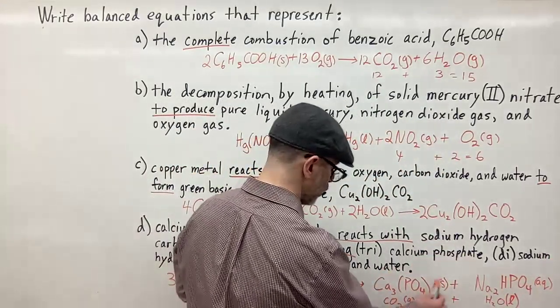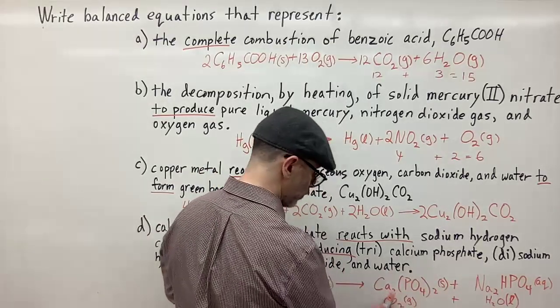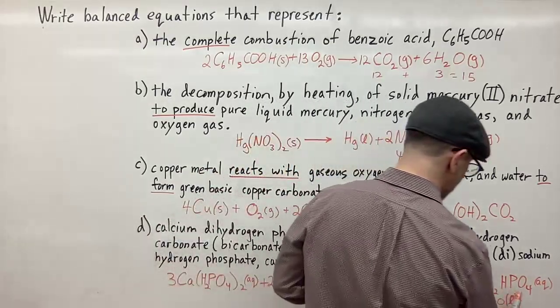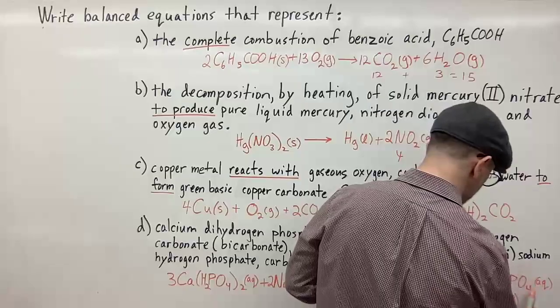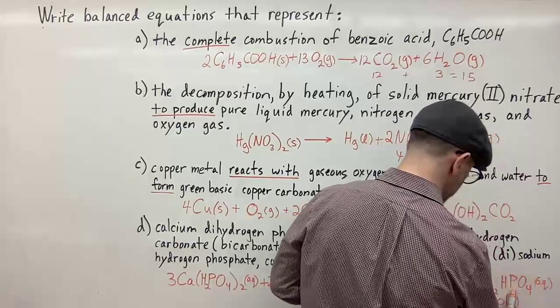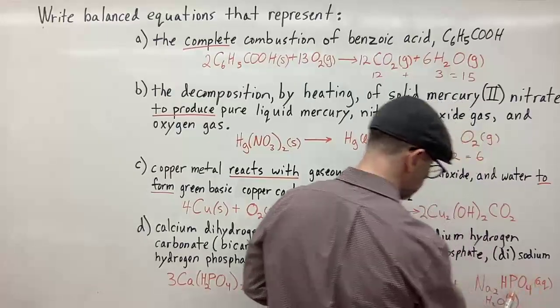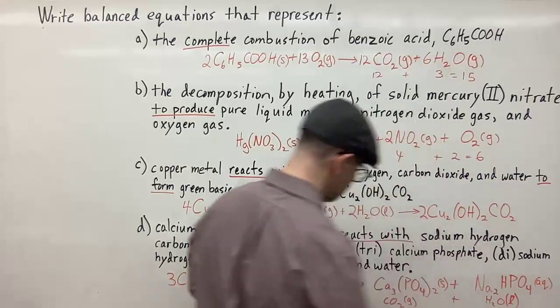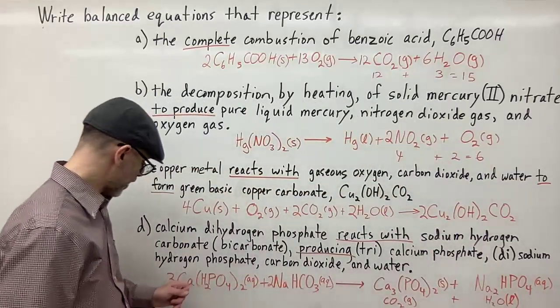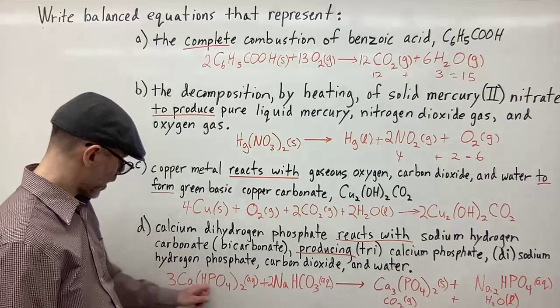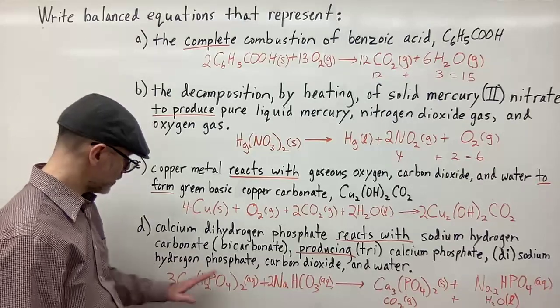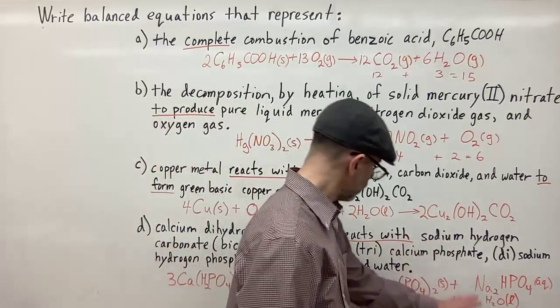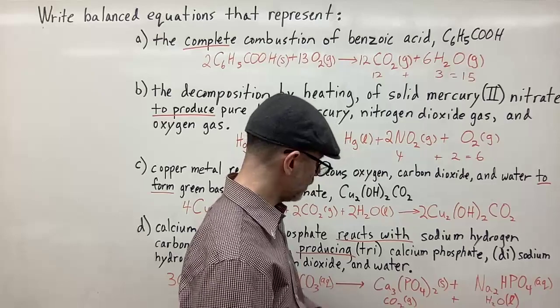So I have 2 phosphorus over here, and I have 1 phosphorus over here. So that's going to be 3. But I have 3 times 2 is 6. So I have 6. So I need 3 more on this side.